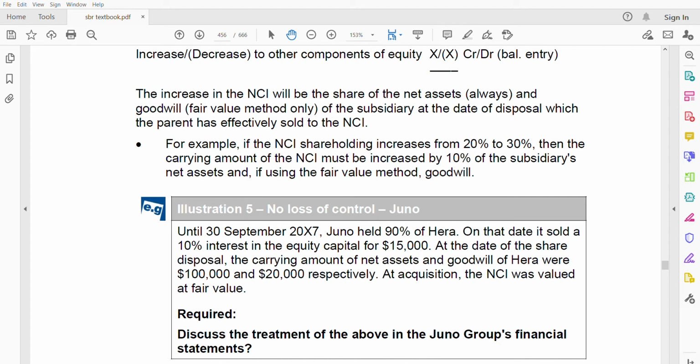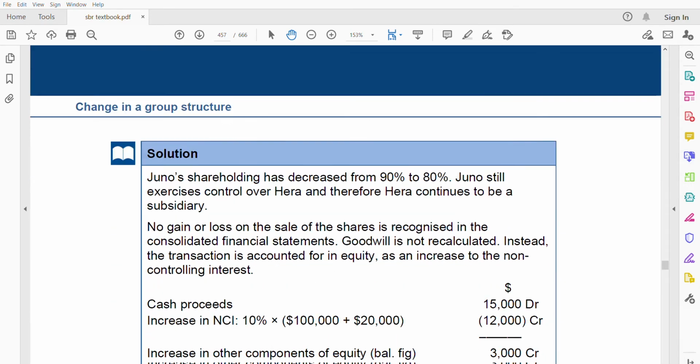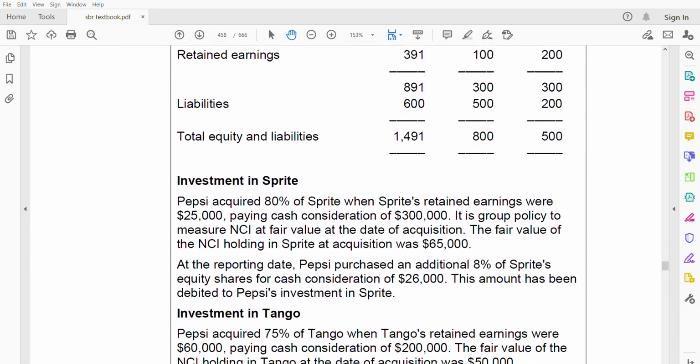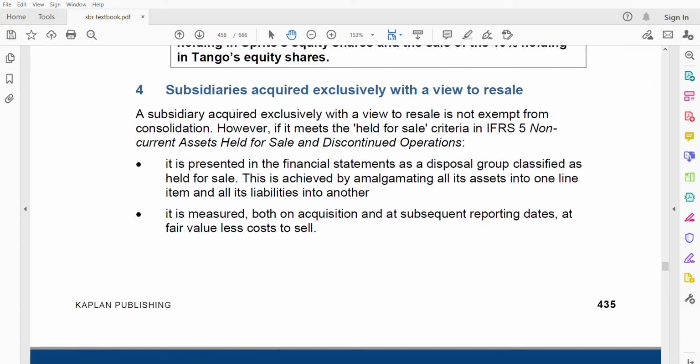And opposite for this, when NCI reduces, goodwill will reduce. So we have lots of questions in this area. You don't have to worry at all.